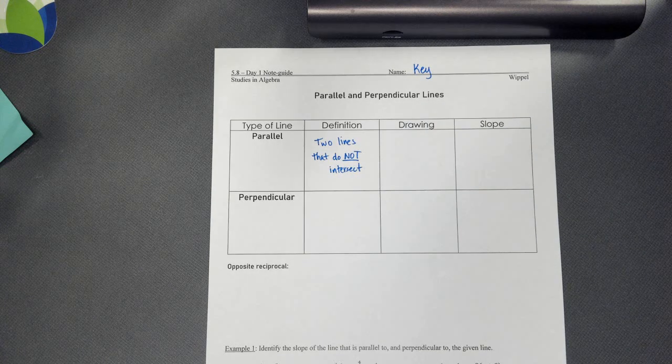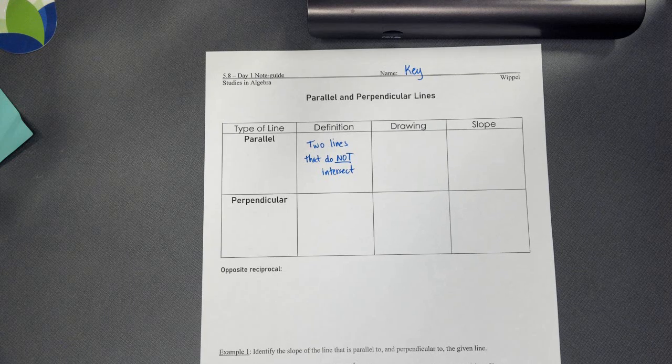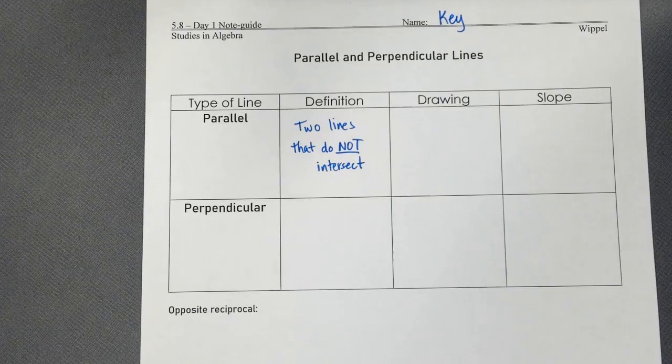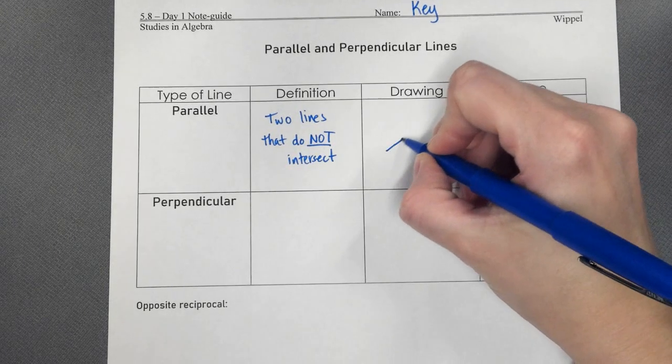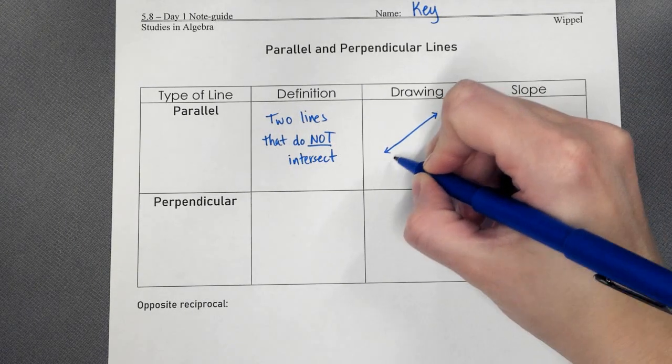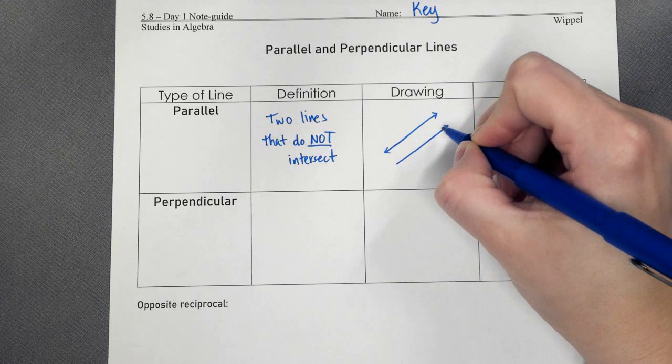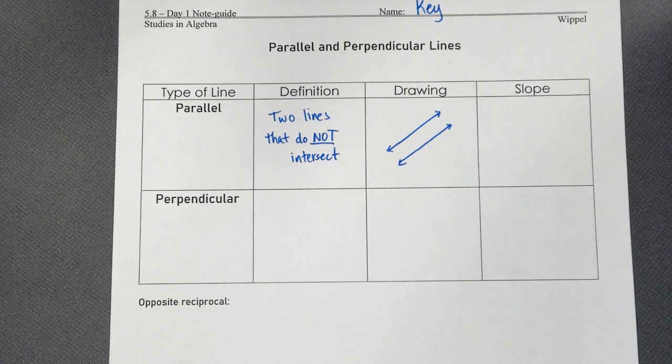Okay, and then I drew a couple of examples on the board of parallel lines. So you guys can draw your own in here. Okay, so they're going the same direction. They don't intersect each other.